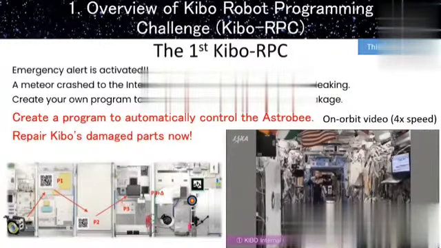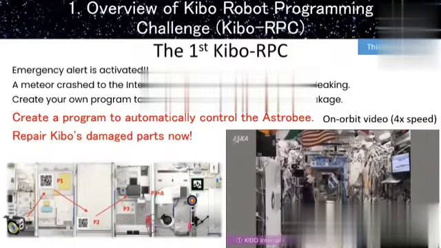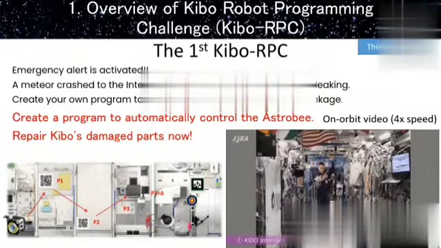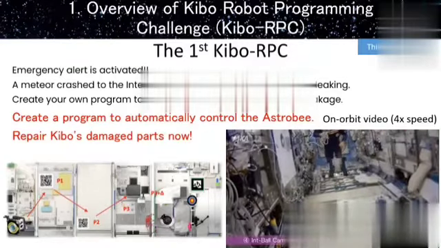Next, I will introduce the first Kibo-RPC. The video below right shows the actual on-orbit competition of the first Kibo-RPC. The mission was to move the astrobee from the start position and read the QR code at the two designated coordinates.